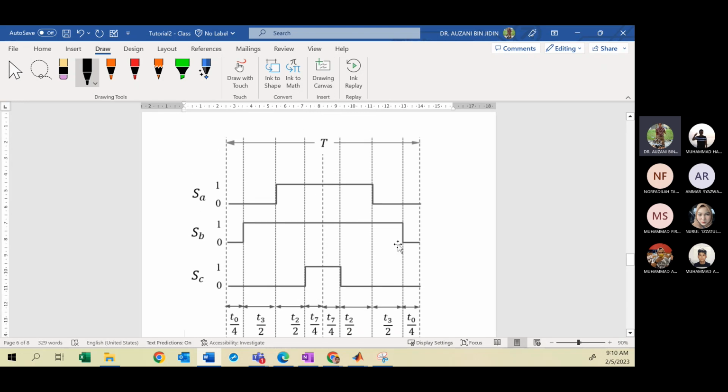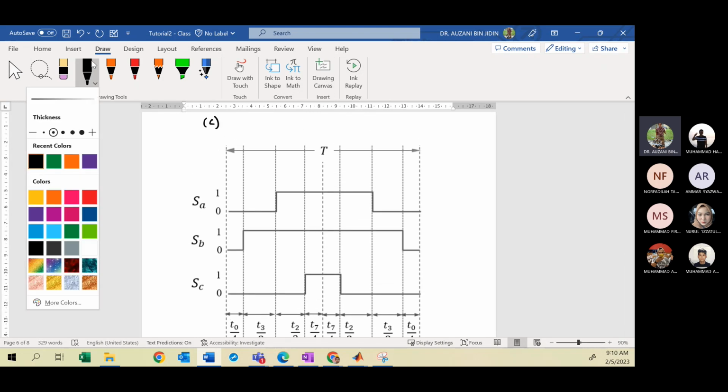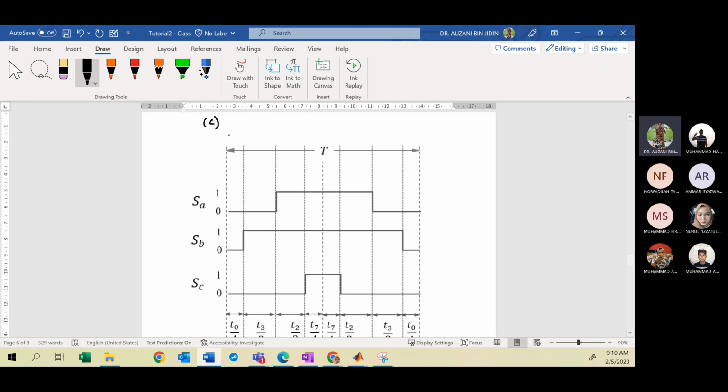So for the first interval, it needs to switch the 0 vector, right? V0, where the combination state is 0, 0, 0. So remember, at the beginning and at the end. At the middle, for these two intervals, the modulator will choose V7, where the combination of state is 1, 1, 1.